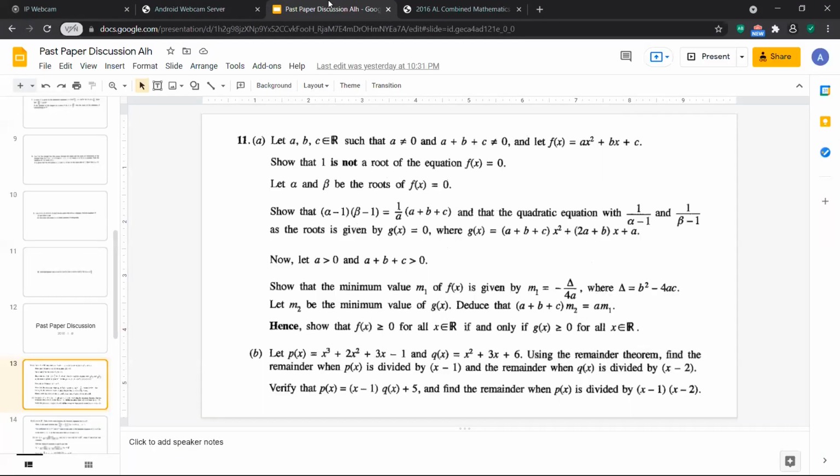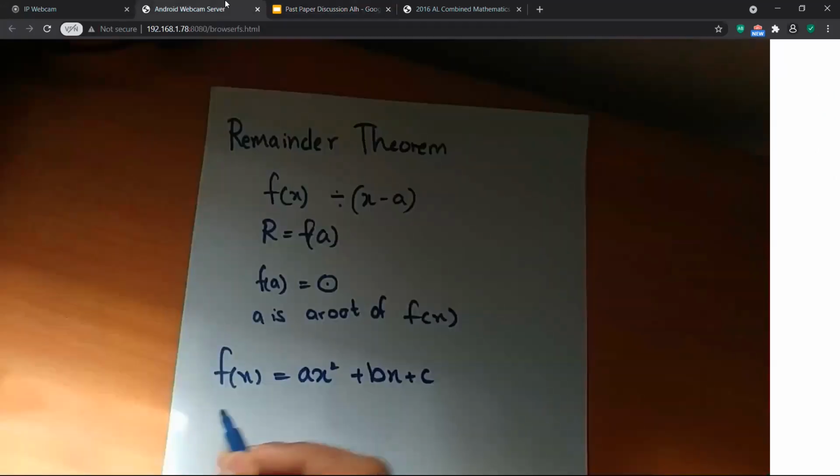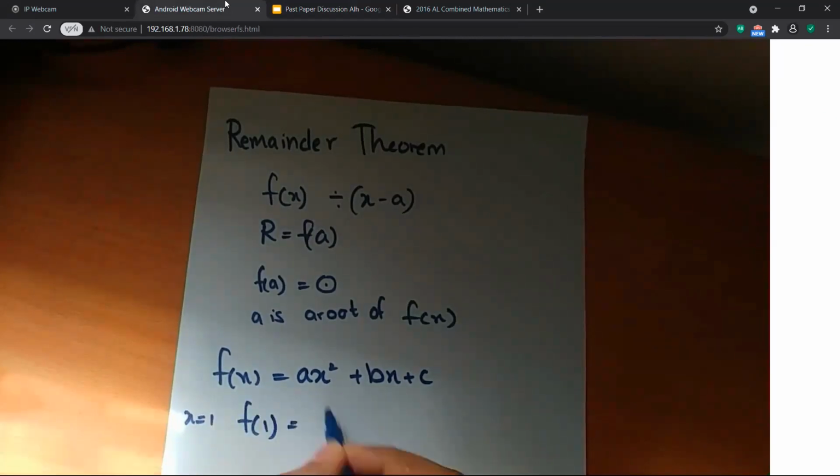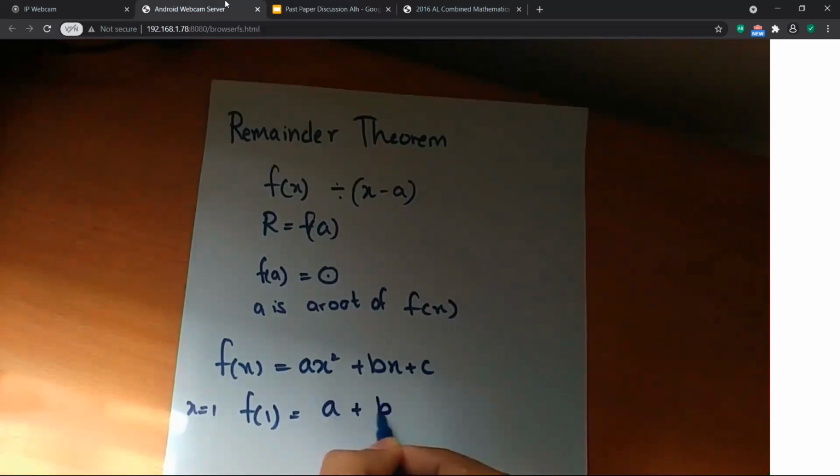So the question was, show that 1 is not a root of the equation fx equals 0. What is fx? Fx is equal to ax squared plus bx plus c. So let's substitute 1 when x is equal to 1. So f1 is a plus b plus c.